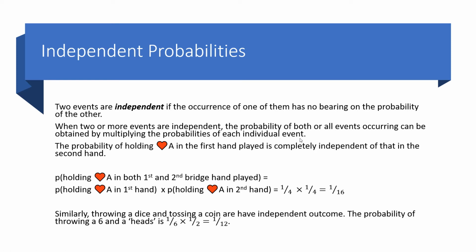So the probability of holding the ace of hearts on the first hand is completely independent of that of the second hand. I've got a quarter probability in the first hand of holding the ace of hearts, a quarter probability in the second hand. I multiply them together, I get a 16th. So 1 time out of 16, when I play 2 bridge hands, I will hold the ace of hearts on both of them.